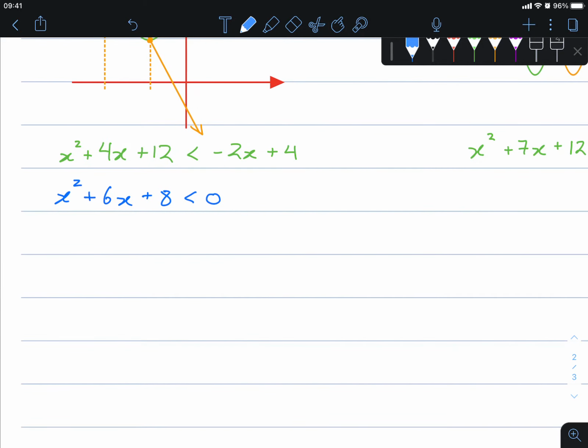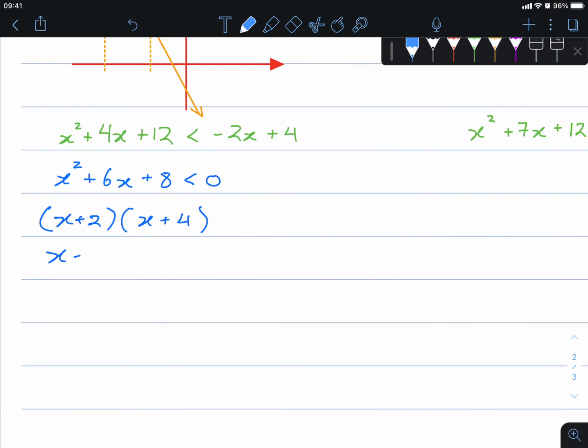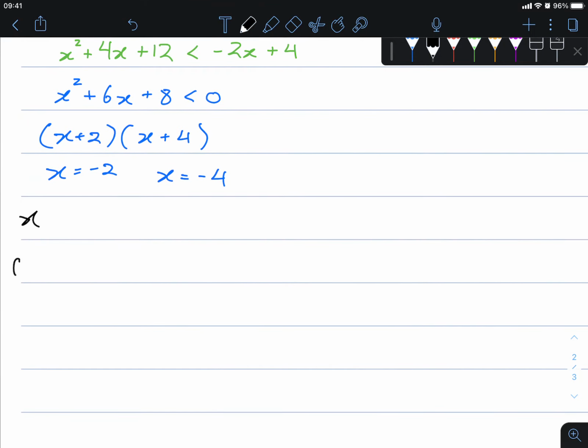Factorizing this further, it's 2 and 4, (x plus 2)(x plus 4), and we get x is equal to negative 2, x is equal to negative 4.